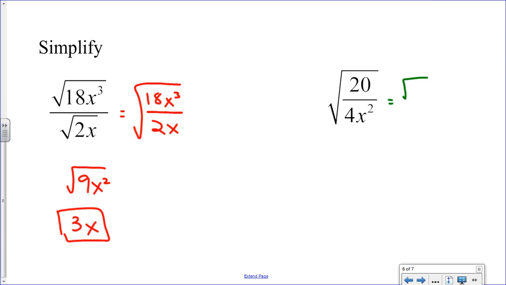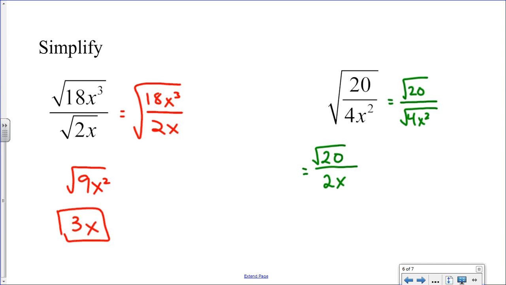But I notice I have a perfect square for x squared, so I'm going to go ahead and separate those. We'll talk about the 20 in just a minute, so I'm going to leave it as the square root of 20. What about the square root of 4x squared? 2x. Oh, sorry, that's still square root 20. Okay, so the bottom is simplified.